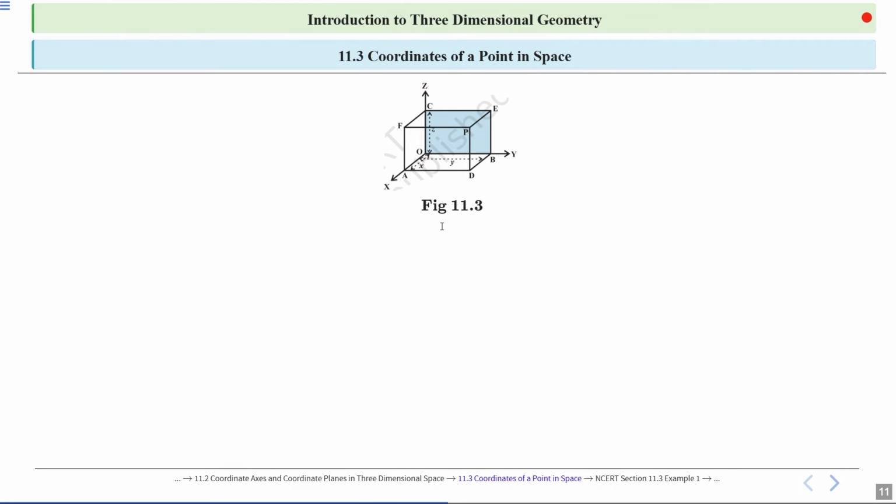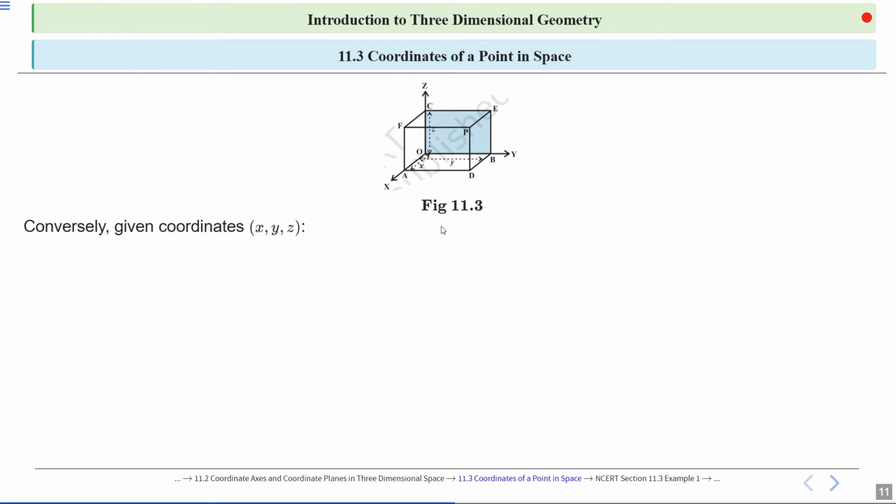Here we see a diagram labeled figure 11.3, which helps us visualize points in three-dimensional space. Notice the three axes x, y, and z. This is the foundation for understanding how we locate points in 3D geometry. Before we reveal more, let's focus on how these axes work together to define our position.